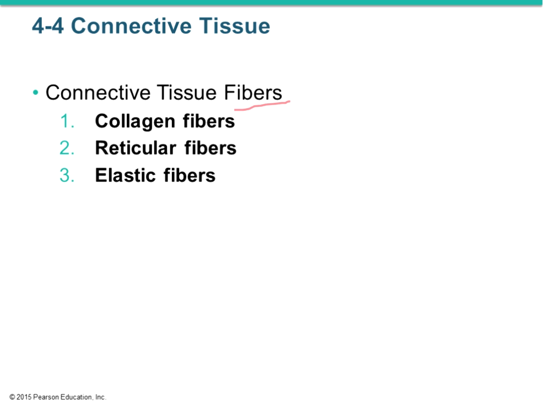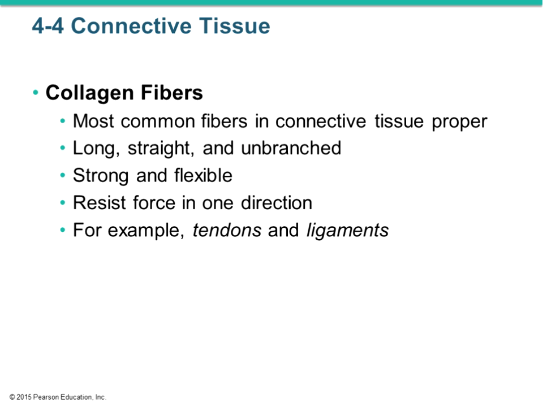In connective tissue proper, you also have fibers, right? Different types of fibers, 3 different types for that matter: collagen, reticular, and elastic fibers. Collagen fibers are probably the most common type of fiber you'll find in connective tissue proper. When you think of collagen fibers, you should think of rope, right?